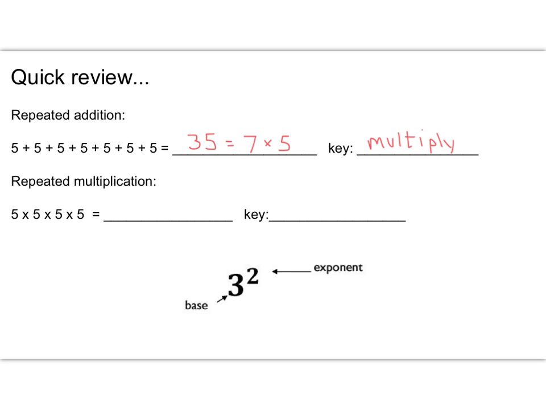So let's see, what is 5 times 5? 5 times 5 is 25. 5 times 25 is 125. And 5 times 125, I believe, is 625. But we also learned that that is the same as 5 to the 4th power. And the key is exponents.